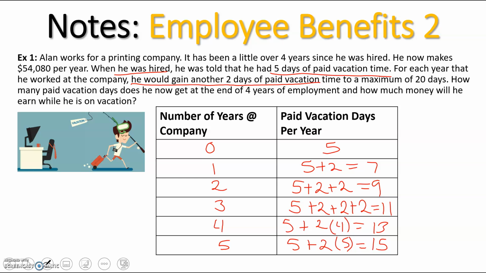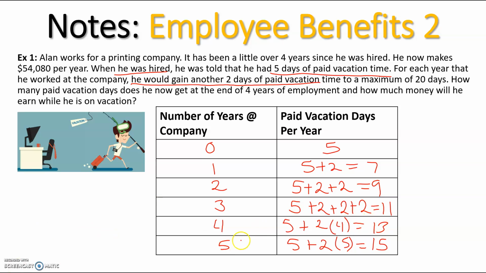Okay, so the question is, how many paid vacation days does he now get at the end of 4 years of employment? So the end of his 4th year. This here is right when he started, this was the beginning of his 1st year, the beginning of his 2nd year, the beginning of his 3rd, the beginning of his 4th, and then this here will be at the beginning of his 5th year.